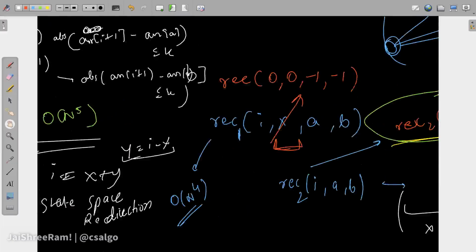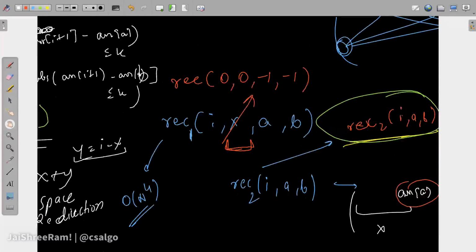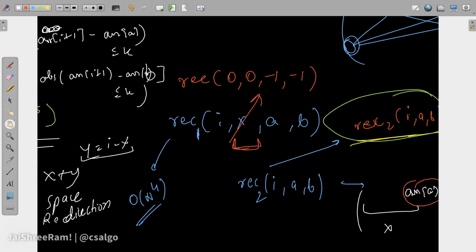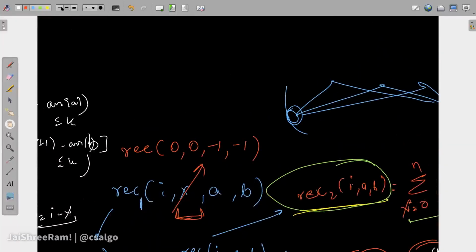Now from this state, we say that this state is okay, but rather I would like to redefine my recurrence by dropping off this x, because I don't really need to check x anywhere, even at the base case or anywhere in the middle. That does not even govern any operation. So why keep that in state? Just drop it off and redefine my recurrence, so that I don't even need x, I just need some sequence which goes from this A and B, and it follows some bitonic sequence.